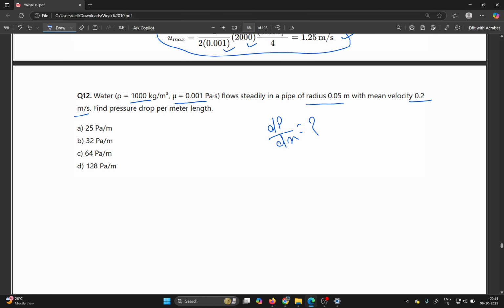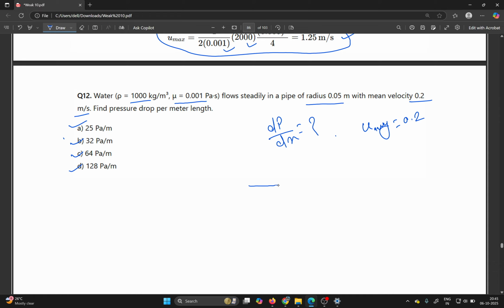You have the pipe with radius 0.05 and the mean velocity, the average velocity. So here you need the formula relating average velocity and del P by del X.